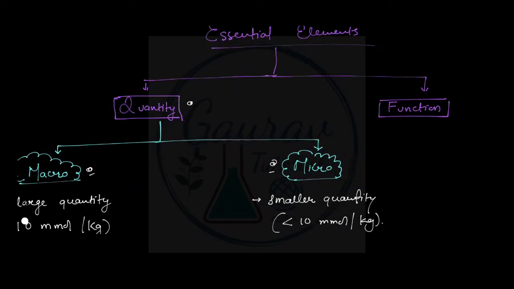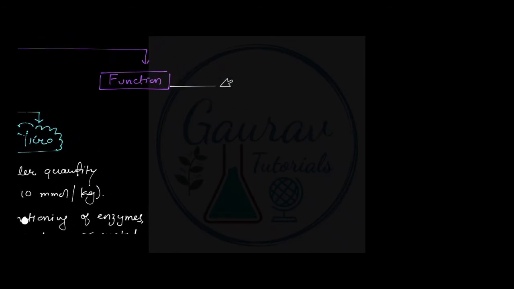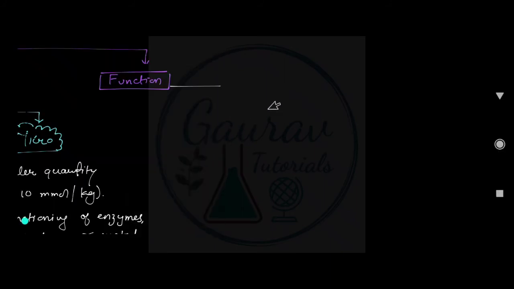Now let us try to get an understanding of these essential nutrients by means of the functions they perform. I could have categorized these elements into four categories on the basis of function. The first group would be the essential elements as components of biomolecules.